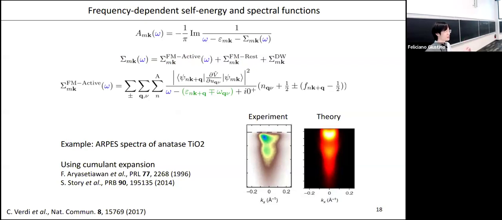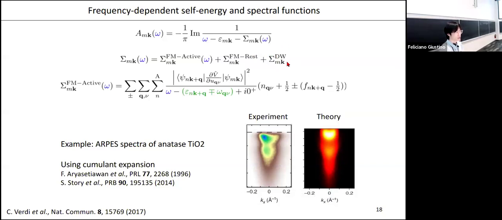So it is frequency dependent only at a few electron volts above or below your Fermi level. But most of the experiments are done near the Fermi level at the 1 electron volt scale, for example, where the frequency dependence of the rest space contribution can be approximated to be 0 or can be neglected.